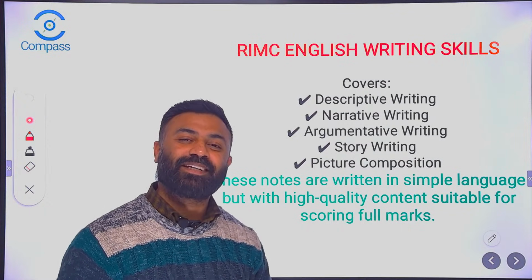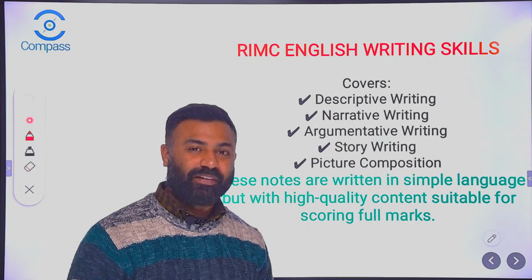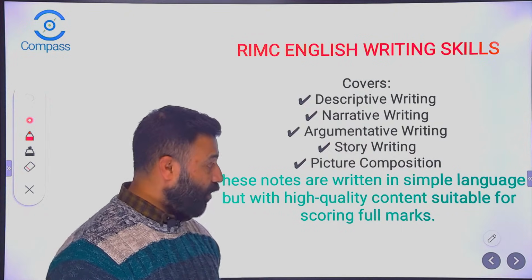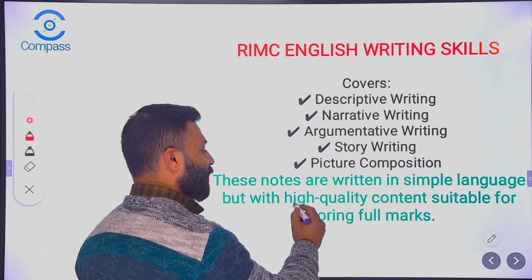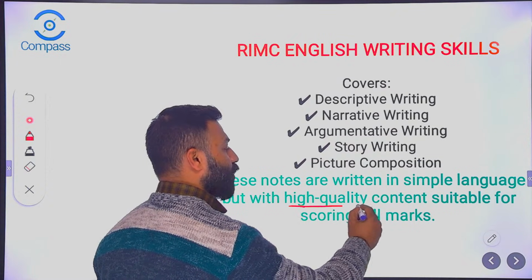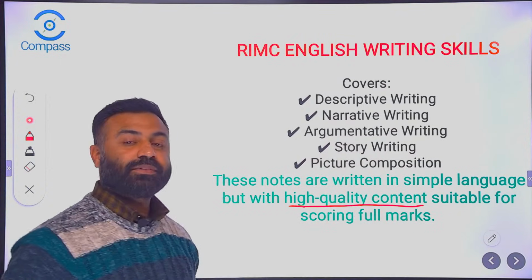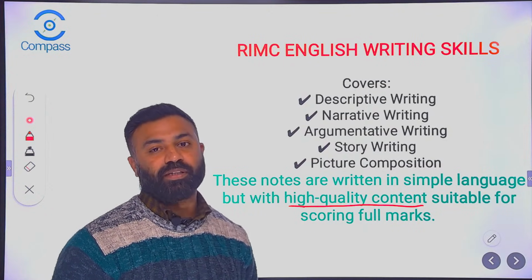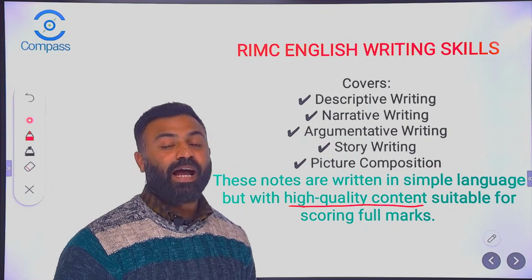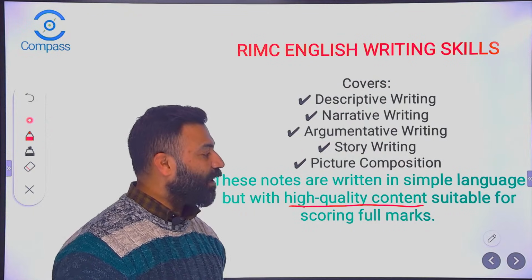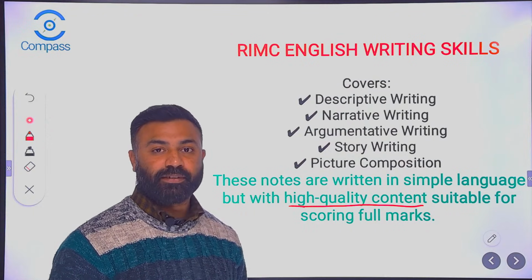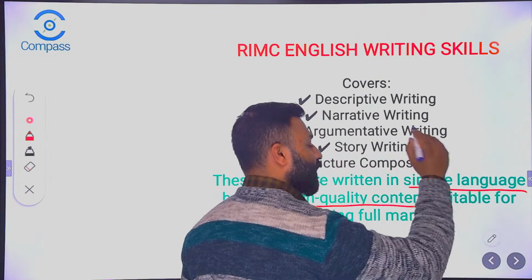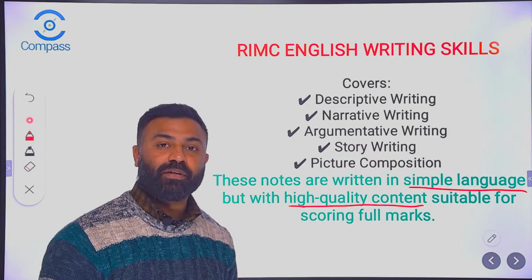It's good to increase your vocabulary, but keep it simple. On the other hand, we need to have high quality content. It should not be shallow content. It has to have some good content in it. Simple language and high quality content.